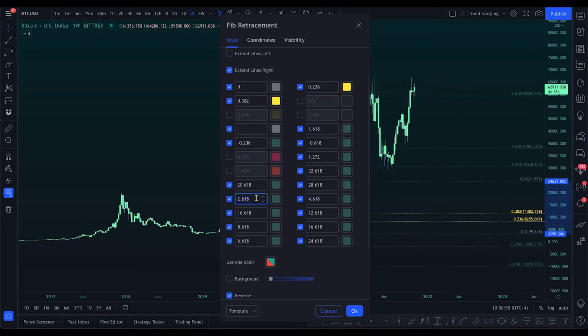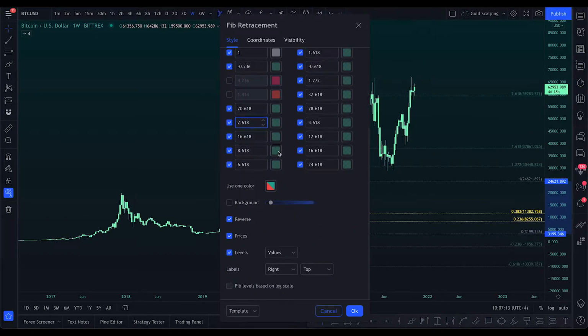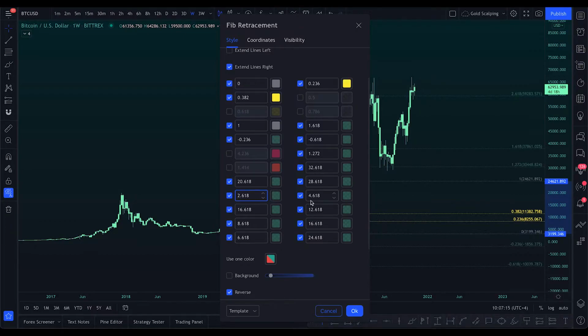It's all the multiples, or all the terminations, with 618 and the even numbers. So it's 2, 4, 6, 8, and so on, all the way to 32. Why do I do that? Again, I'm using reverse, so that's why my numbers are positive. But I still have in the same chart some negative numbers. I'm going to explain as well why I want to have a look at that.